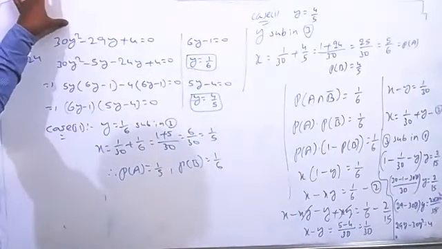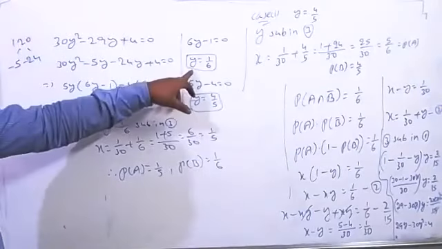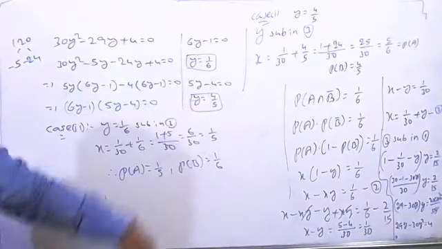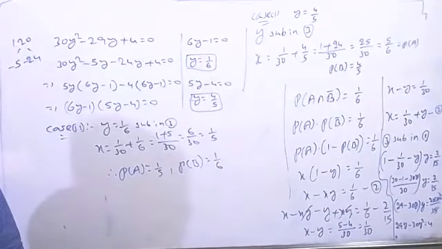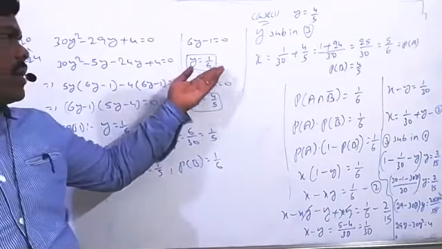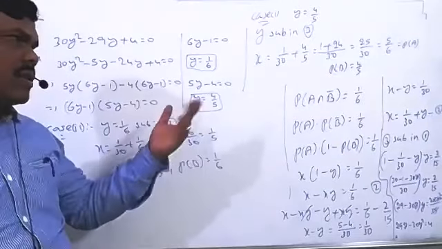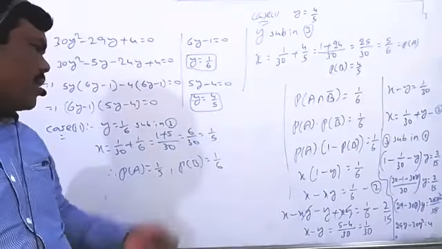Now simplify that, we got a quadratic equation. By finding the factors of the quadratic equation, we got two values of y: y equal to 1 by 6 and y equal to 4 by 5. Two values means we get two different cases. Taking y equal to 1 by 6 and substituting in the third equation, the value of x equal to 1 by 5.